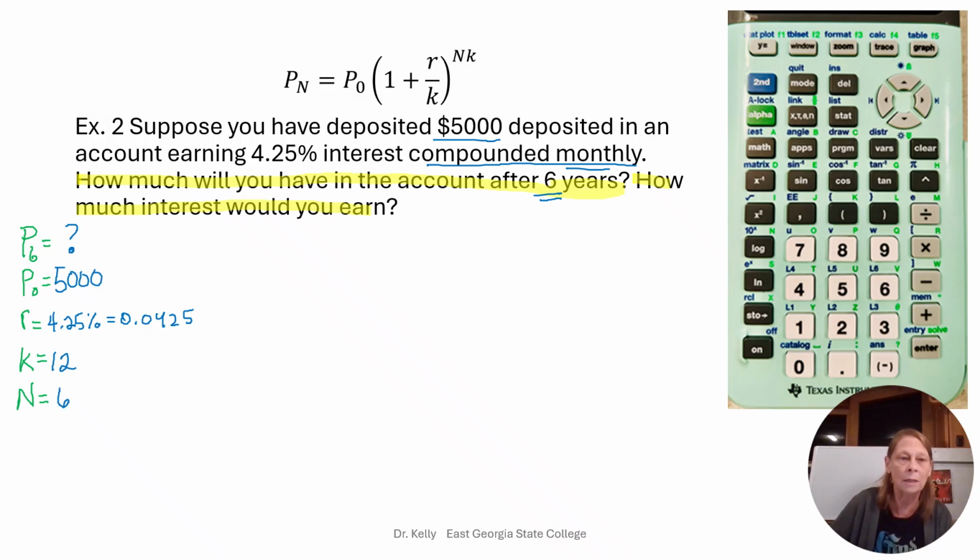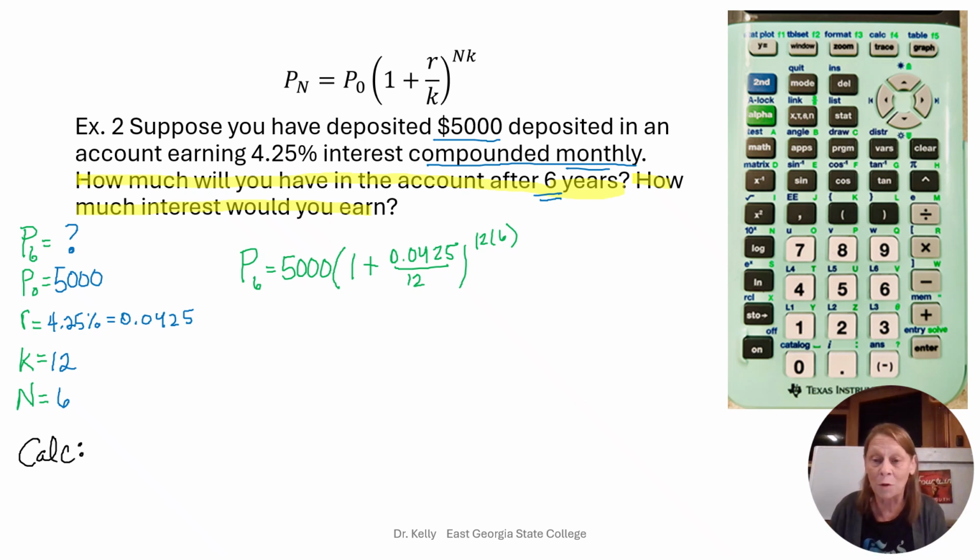Let's plug it in. So we're going to say P sub 6 is equal to 5,000 times 1 plus 0.0425 over 12 to the power of 12 times 6. And let's get those calculator steps. I want you to be figuring out the answer while I'm writing down these calculator steps.